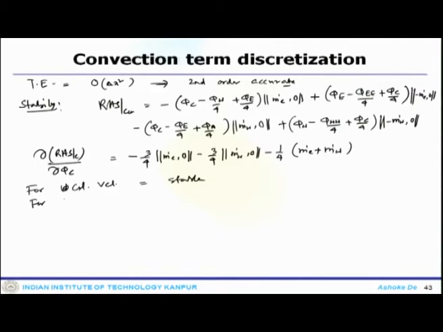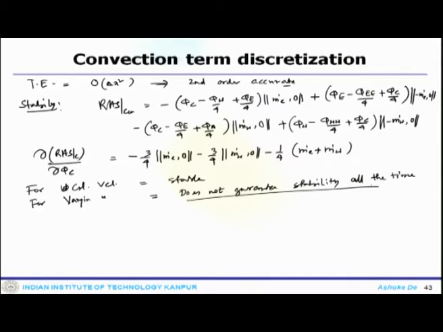For varying velocity, it does not guarantee stability all the time. It may not. But if you have constant or uniform velocity, this will always provide you stability.